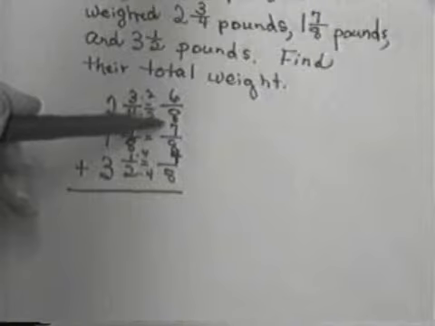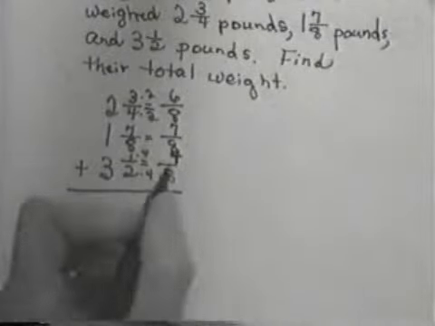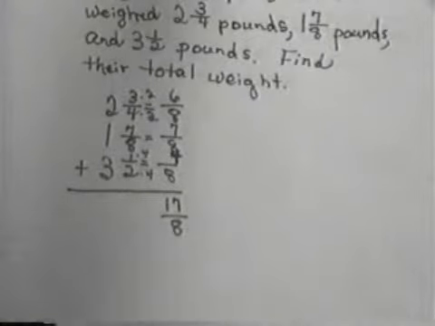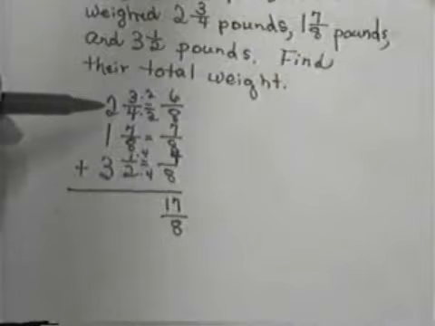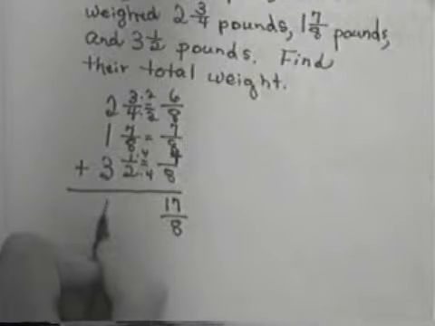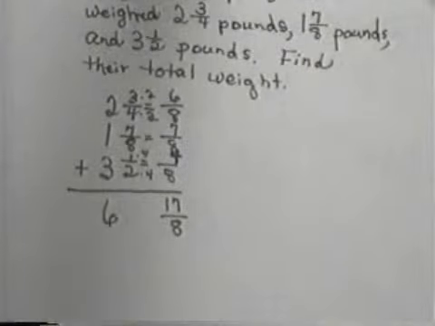6 and 7 is 13, plus 4 gives us 17/8. And when we add up our whole numbers, we end up with 2 plus 1 plus 3 gives us 6. So we have 6 and 17/8.